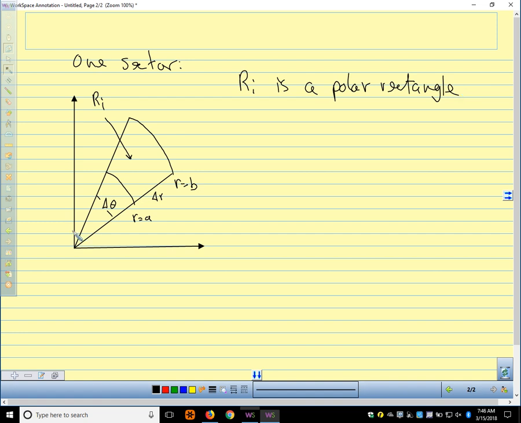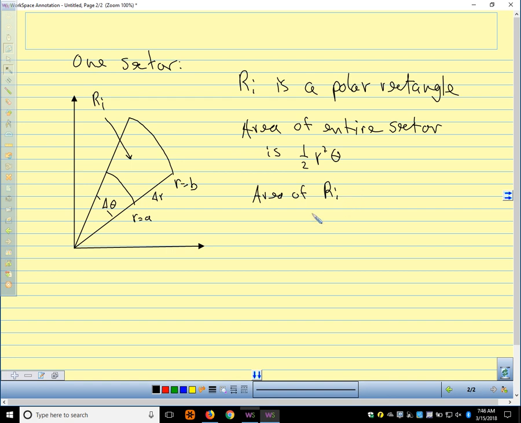And we know that the area of the entire sector, the wedge shape, the slice of the pie, is 1/2 r squared theta. So the area of the region that we're talking about is going to be the big sector minus the little sector.